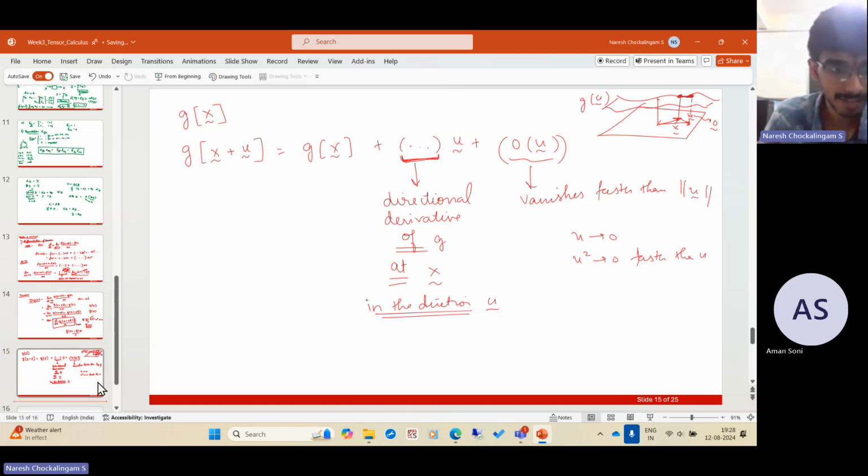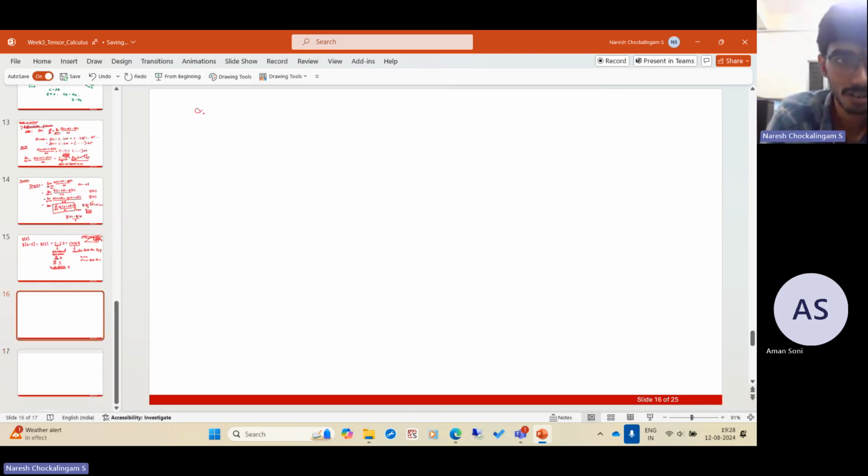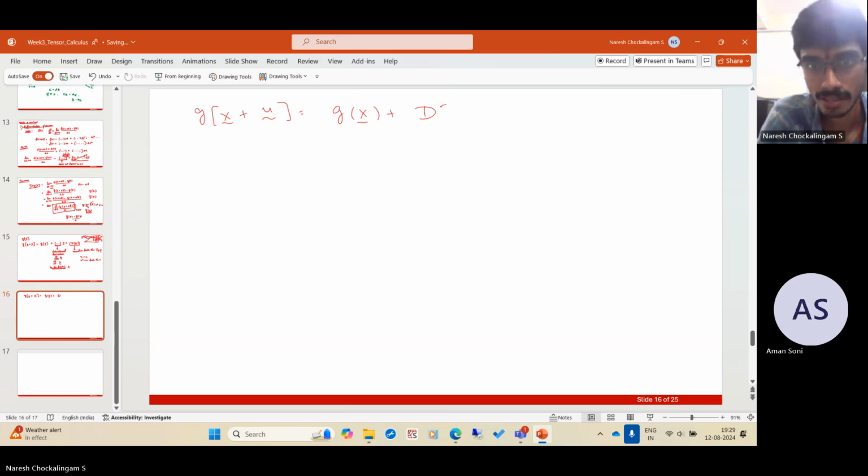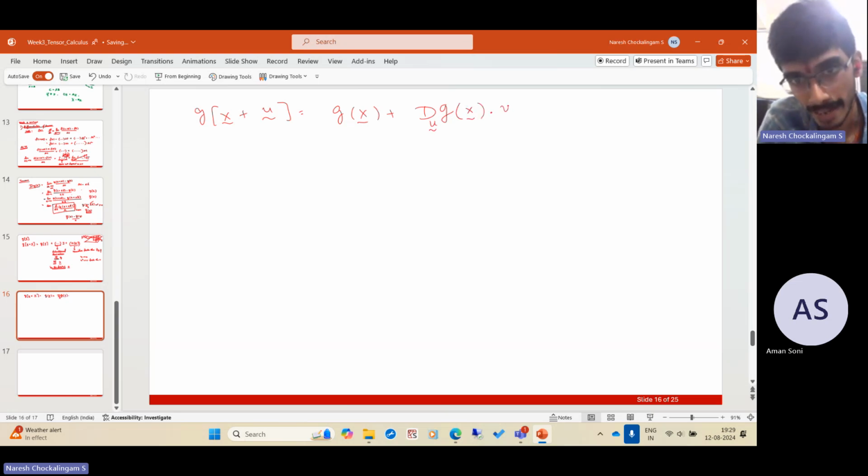So again, using Taylor series, you can write g of x plus u as g of x plus the directional derivative of the function g in the direction u at the point x acting on the vector u, which is the direction, plus terms of higher order.